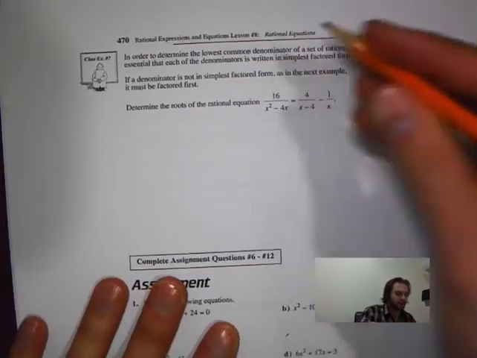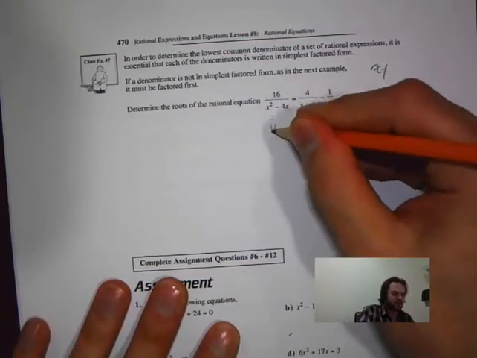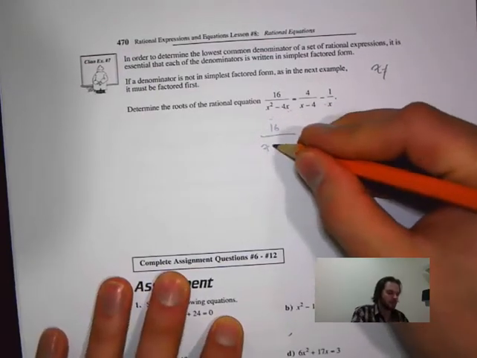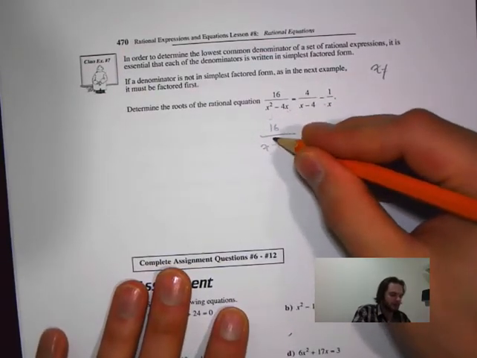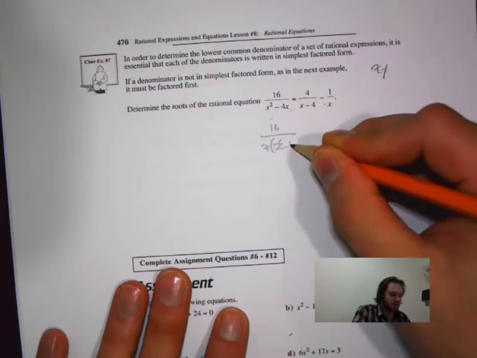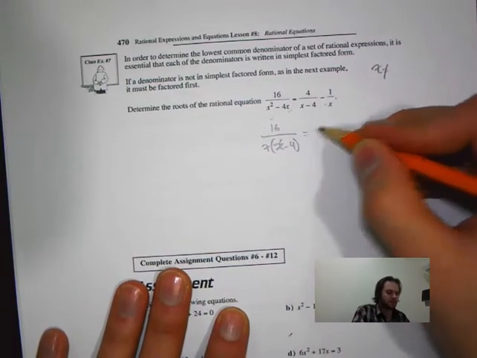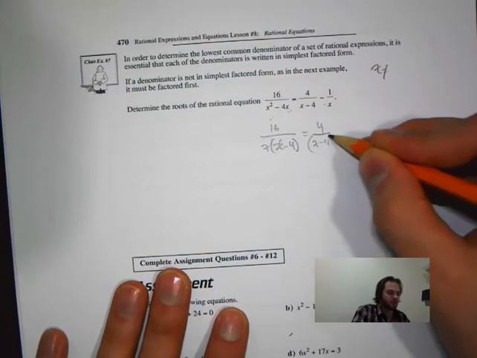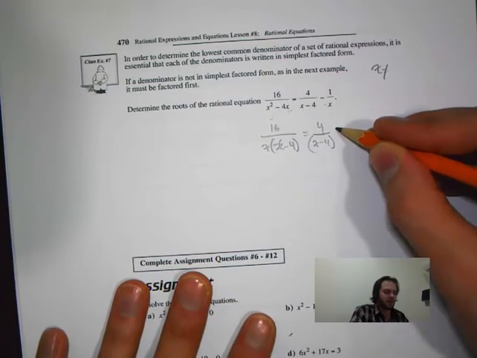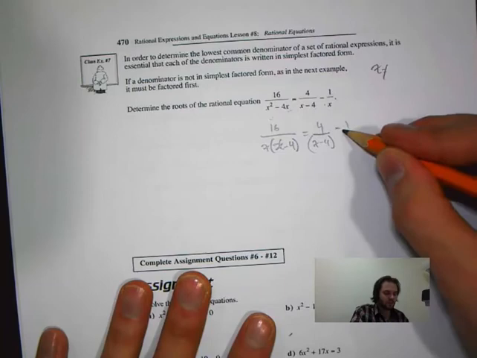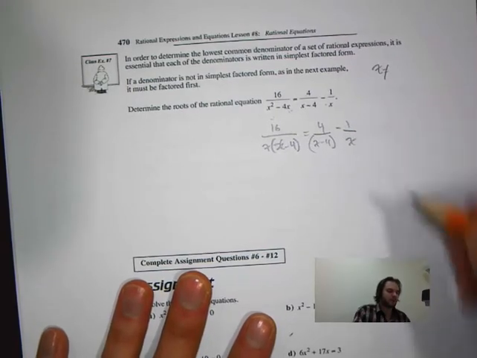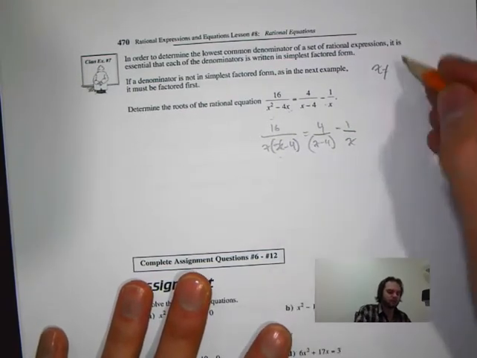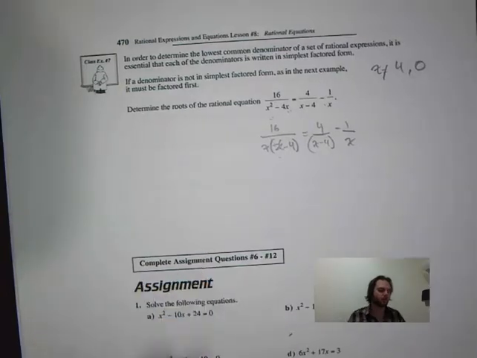I'm going to factor everything first. So I have 16, I have x minus 4, is equal to 4 all over x subtract 4, and then this is going to be the same as minus 1 over x. So x cannot equal 4 and 0.